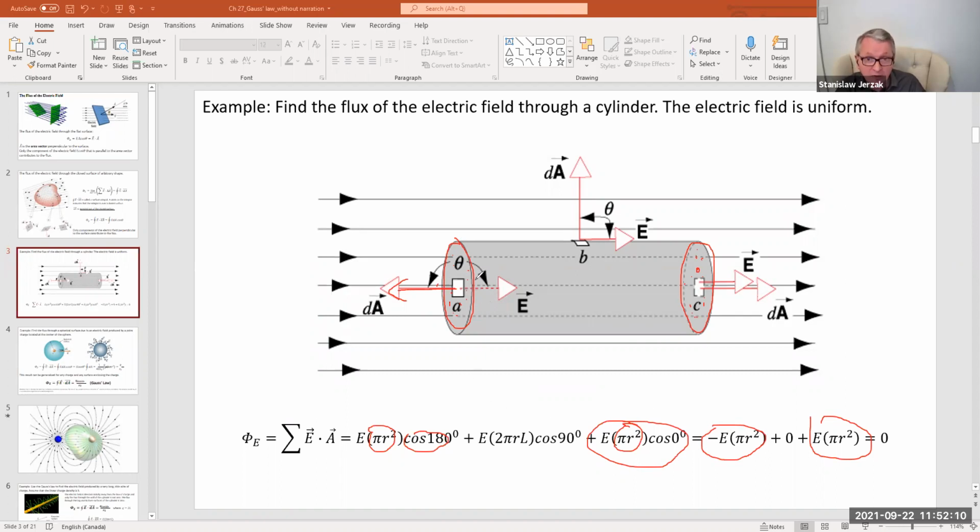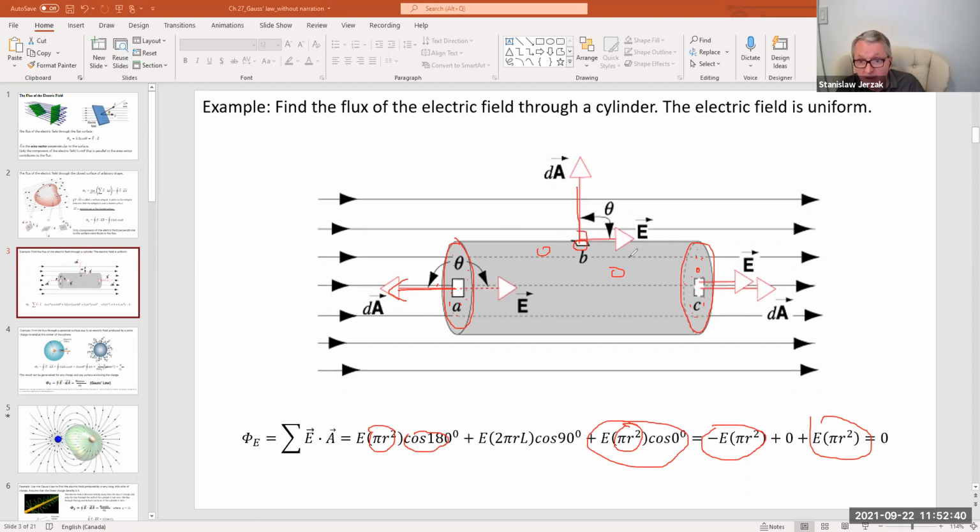And I still have to calculate the flux through the side surface of the cylinder. But here you see, no matter which element of the cylindrical surface I take, the area vector would always be to the outside, and perpendicular to the surface. So no matter which element of that surface I take, vector dA will be perpendicular to the electric field, because the electric field is, you see, horizontal.